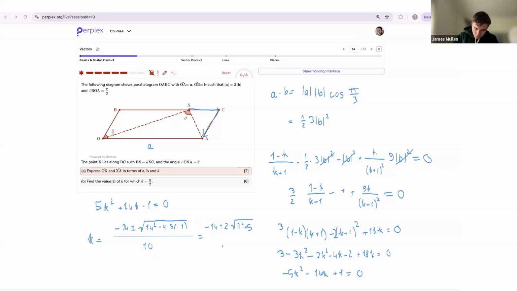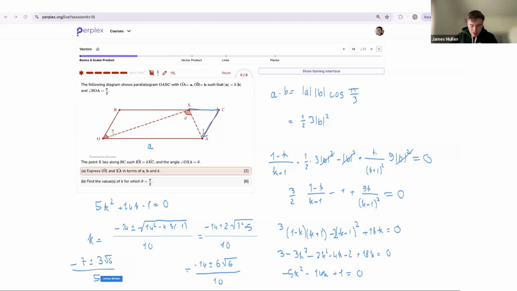And then if I divide that out, 7 squared plus 5 is going to be 49 plus 5. That is going to be 54, and 54 is 9 times 6, so I can actually factor out a 3 again, and then I'm going to have equal to minus 14 plus or minus 6 times the root of 6, all over 10. And I can simplify that one last time to be negative 7 plus or minus 3 root 6 over 5.